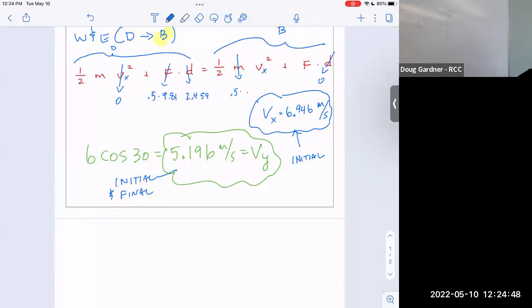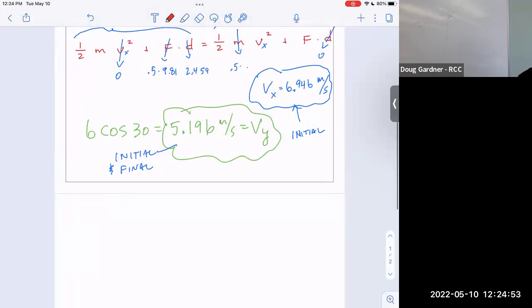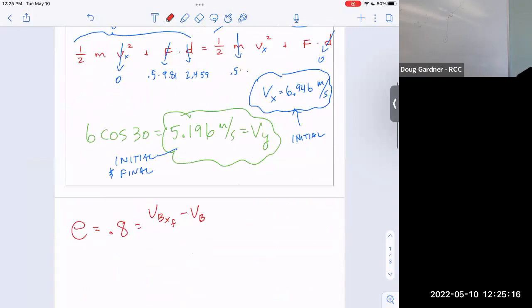Okay, well then let's go try to get that. So E, we were told, was 0.8. And we said, oh my gosh, velocity: VBX final minus VAX final over VAX initial minus VBX initial, right? Yes. In this case, I don't ever really need the B's and A's.